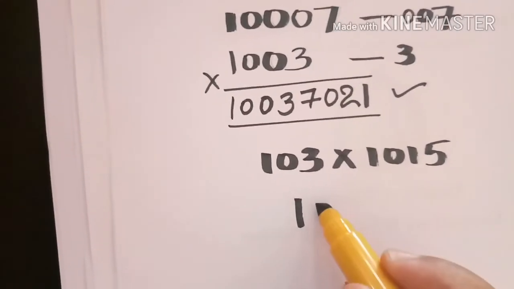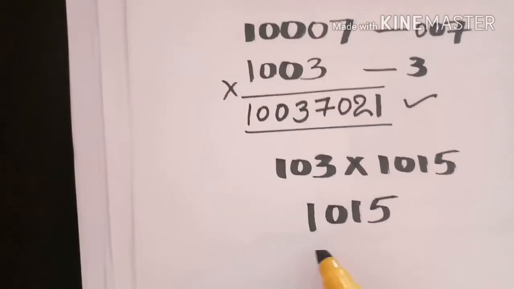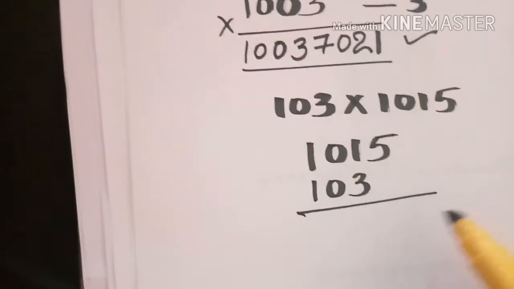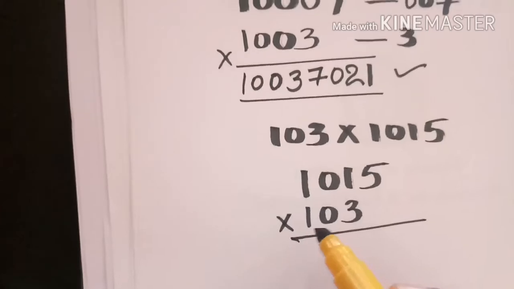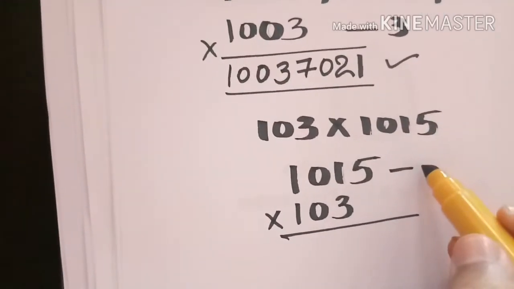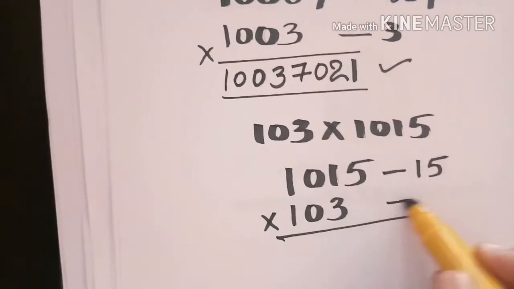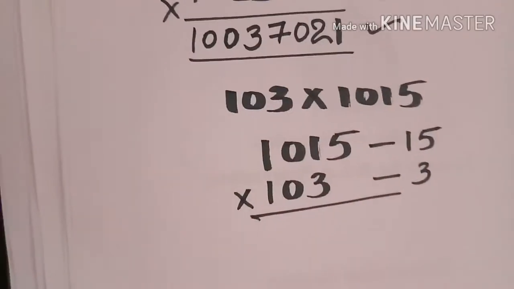For example, I'm going to write 1015, again I'm writing, then 103, right? See how many above 1000, it is 15. And above 100 it is 3. Simply you can write it.